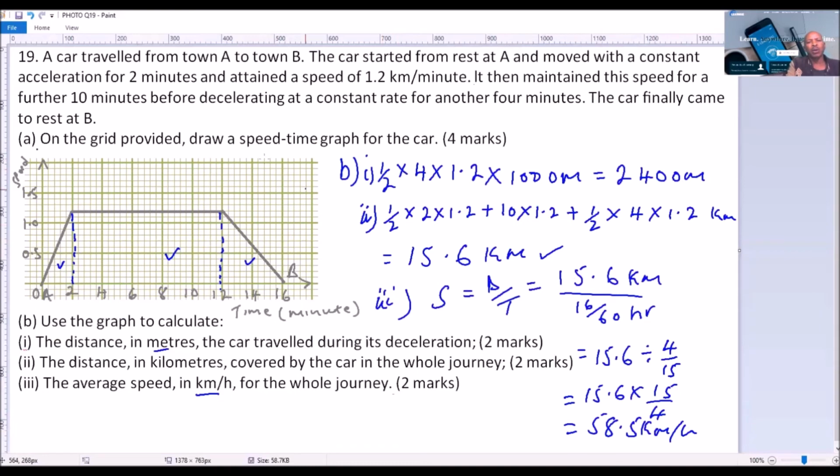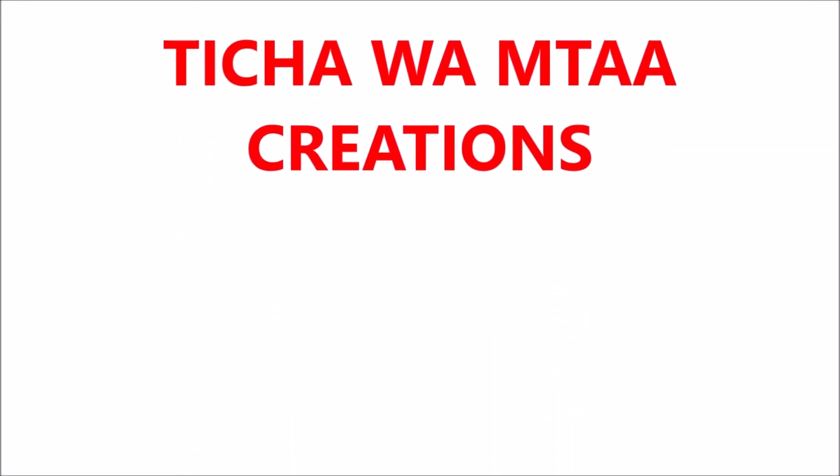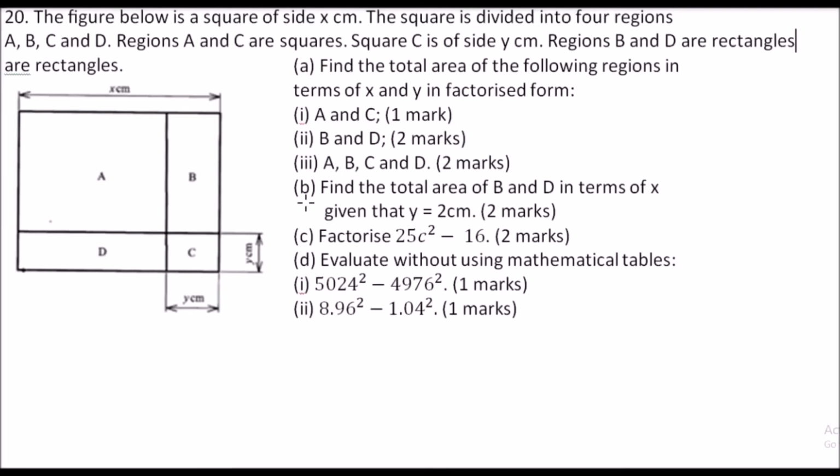So we now go to question number 20. The figure below is a square of x centimeters. So from here to here, it is x, and from here to here, it is x centimeters. The square is divided into 4 regions.